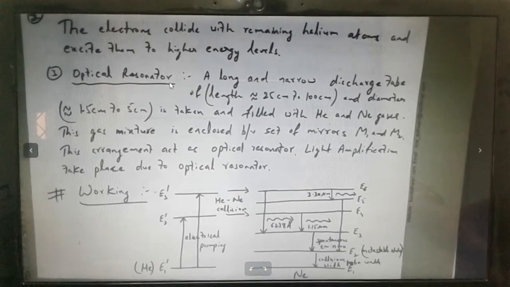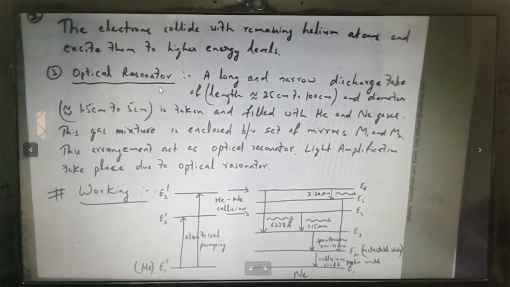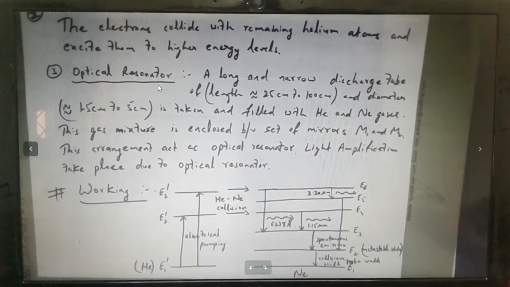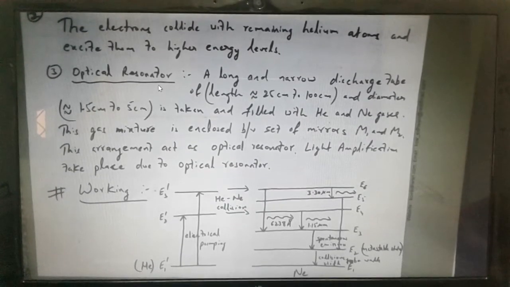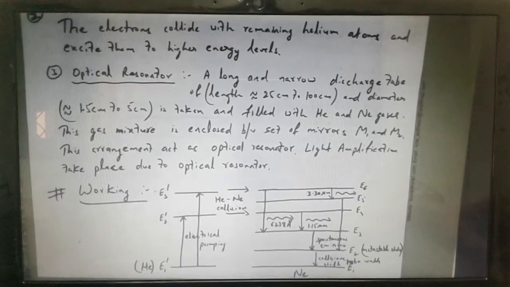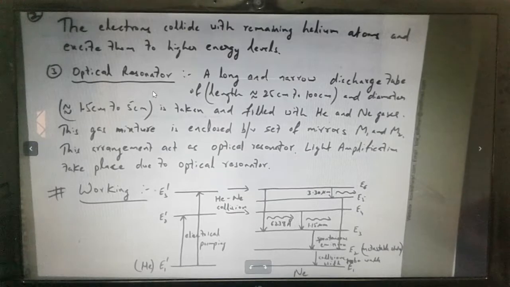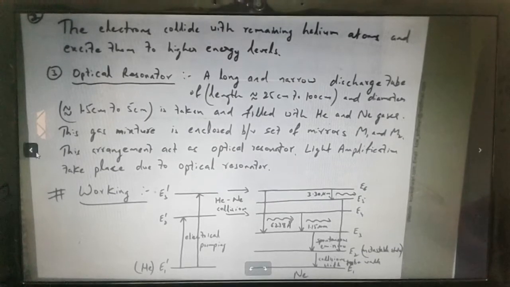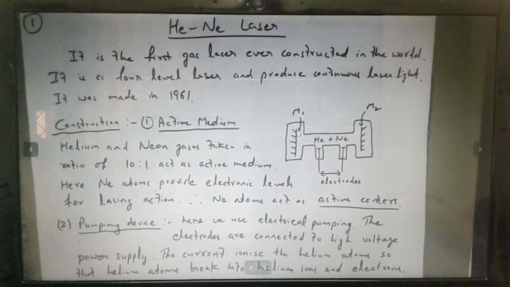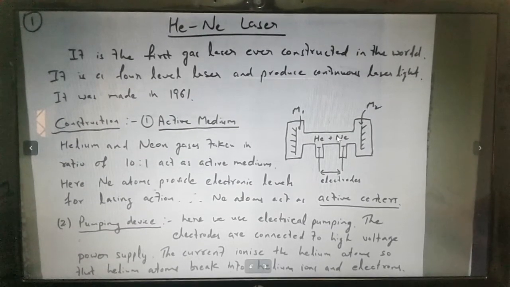The third component is the optical resonator. The optical resonator is required for light amplification, and this is achieved in the helium neon laser by using these two mirrors M1 and M2.